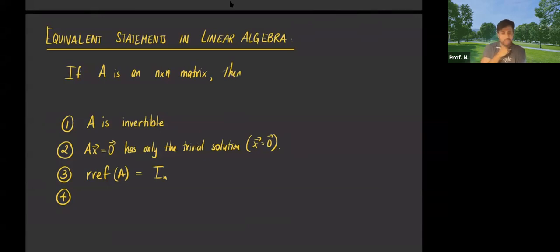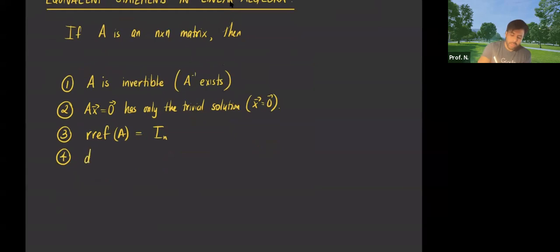Now, what else? Well, of course, if A is invertible, A inverse exists, right? That's what it means to be invertible. What other statements are true? How about the determinant? If you have an invertible matrix, what about the determinant? Does not equal 0. Good.